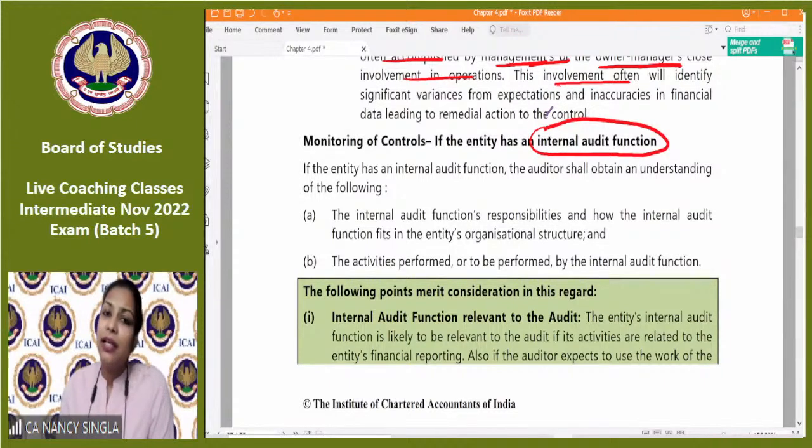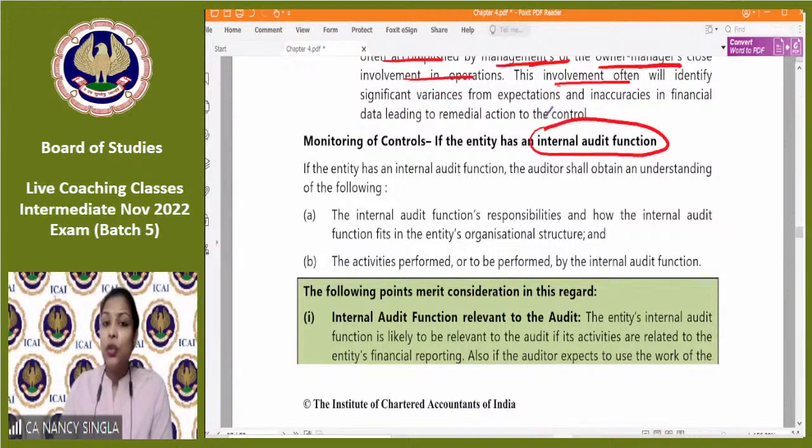Now section 138 of the Companies Act 2013 is there, which requires certain classes of companies to have a separate internal audit department or to appoint an internal auditor. Now, in case there is an internal audit function in the company, what is the responsibility of the auditor?